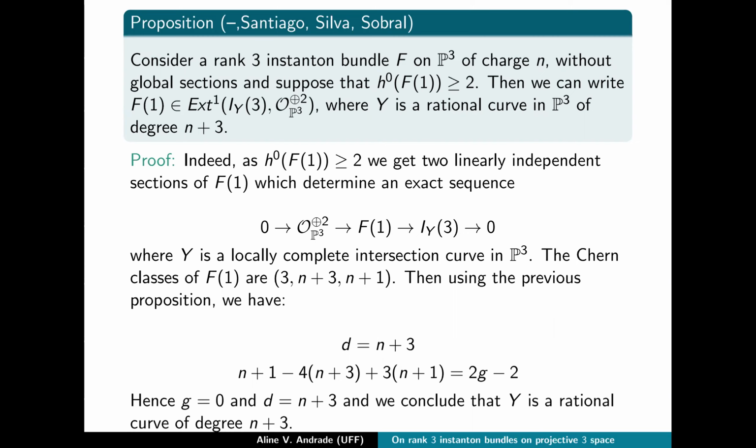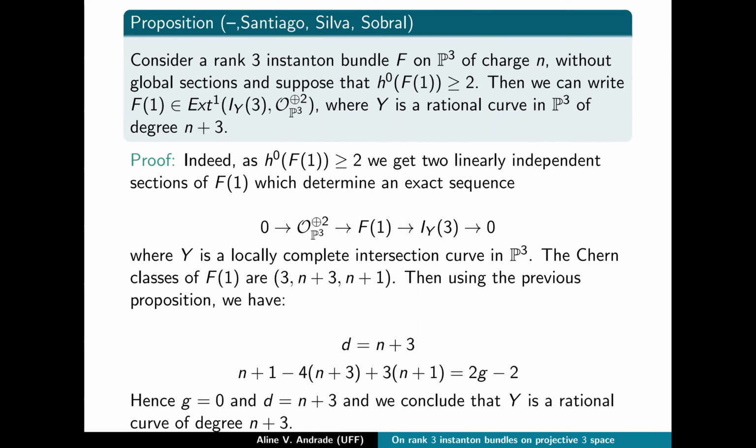Indeed, since we have at least 2 global sections in this twist, which are linearly independent sections of F1, we can determine this exact sequence over here, where Y is a locally complete intersection curve in P3.